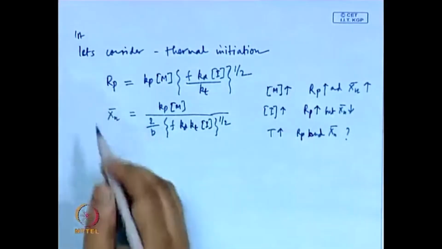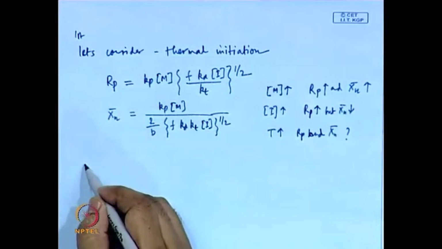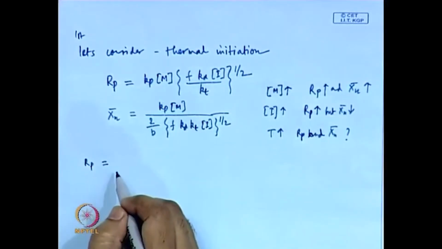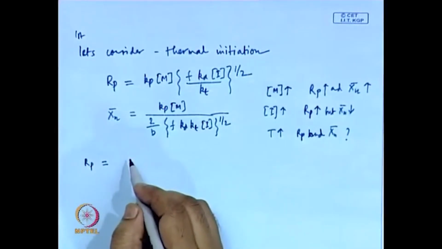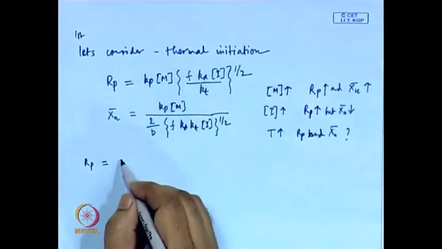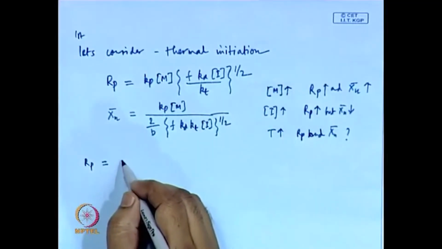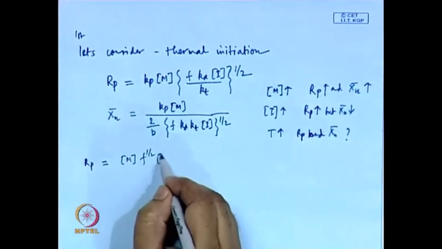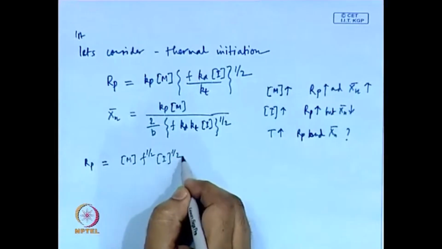Now, this same expression for Rp I can divide into two terms: one is temperature dependent and another is temperature independent. The temperature independent term, I can put on the left hand side: concentration [M], f to the power half and [I] to the power half.